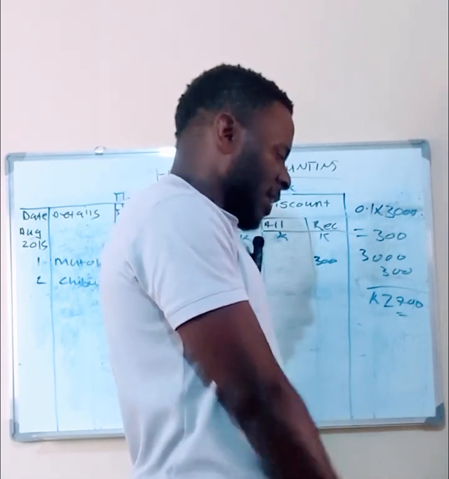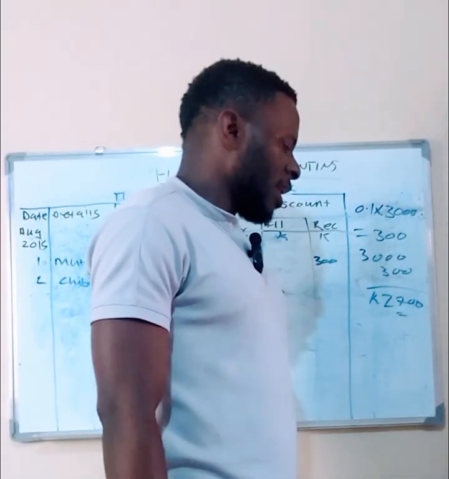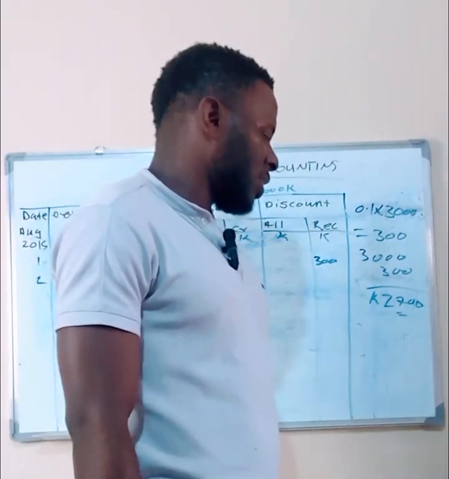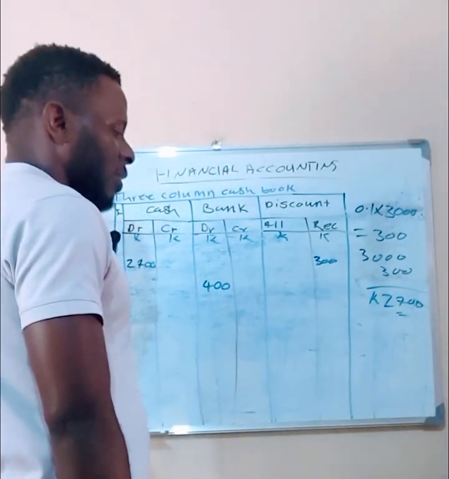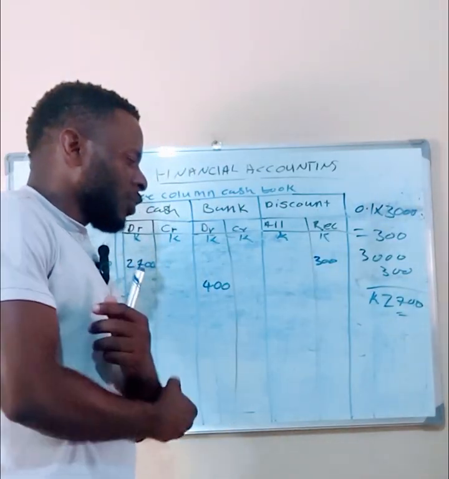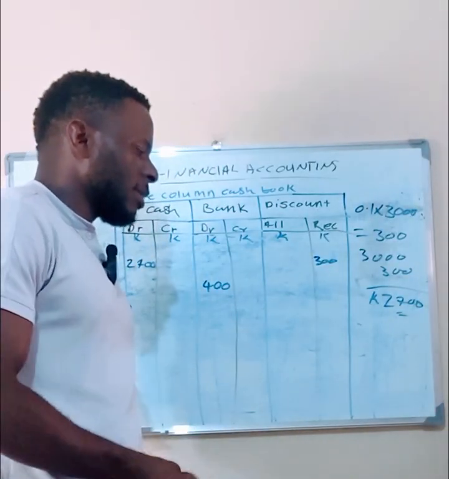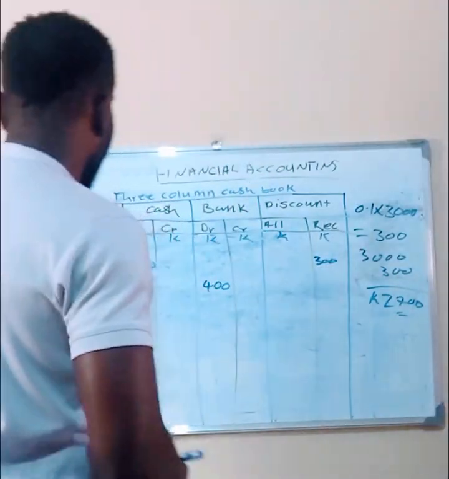Kisanga received, so we debit Kisanga's account. The bank account was giving and Kisanga's account was receiving. So we debit Kisanga's account and credit the bank account. Simple.